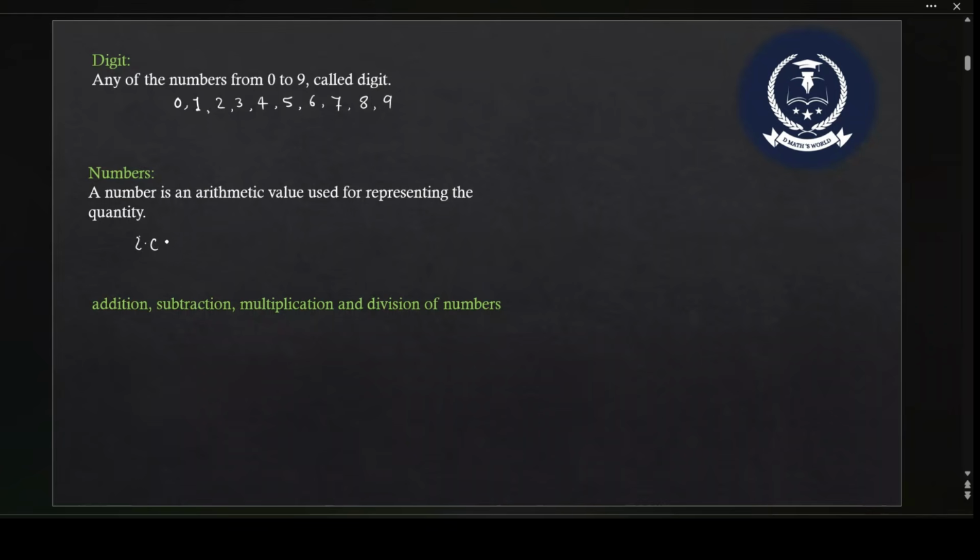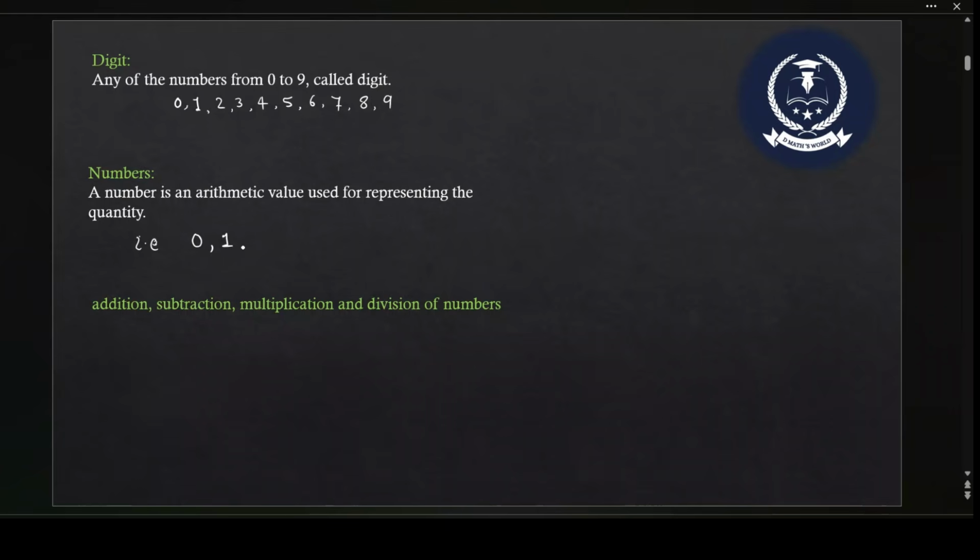So if I'm writing down 0, it means nothing. If I'm saying there is a 0 value, there are 0 things, it means that there is nothing. If I'm writing down 1, it is the arithmetic value which we are always using to represent the quantity.